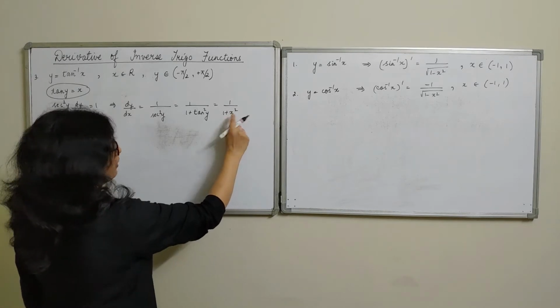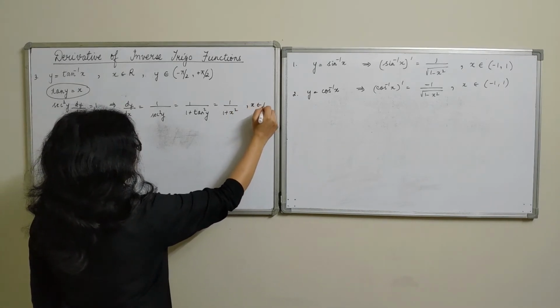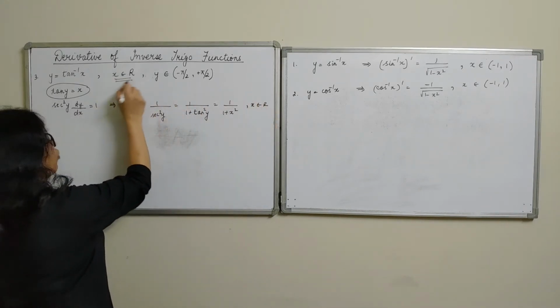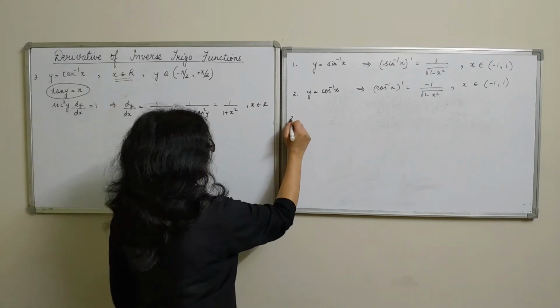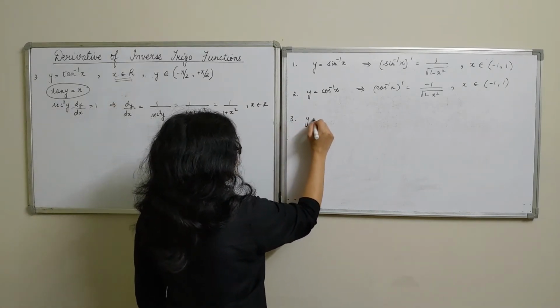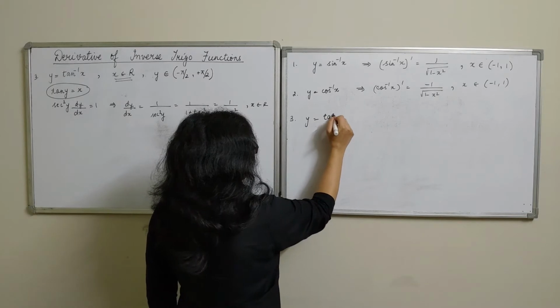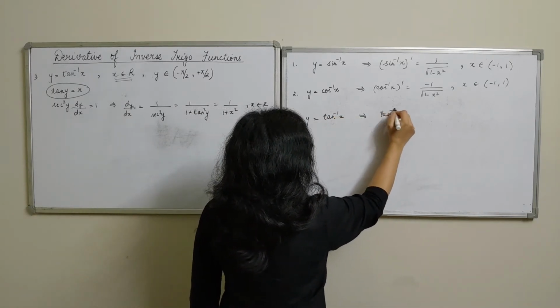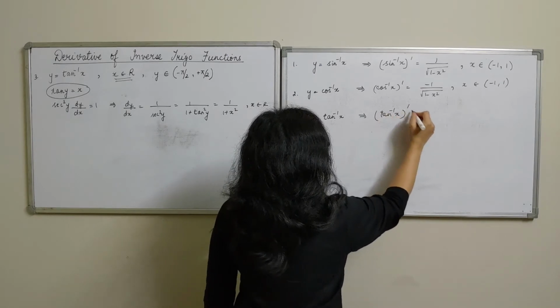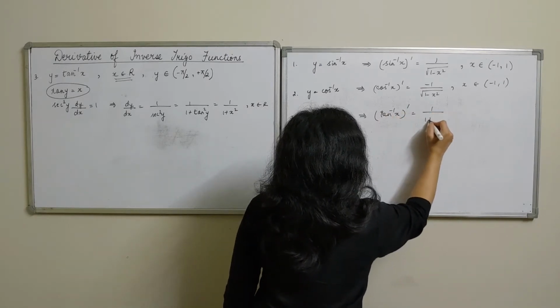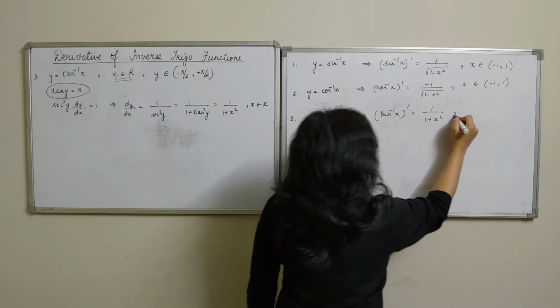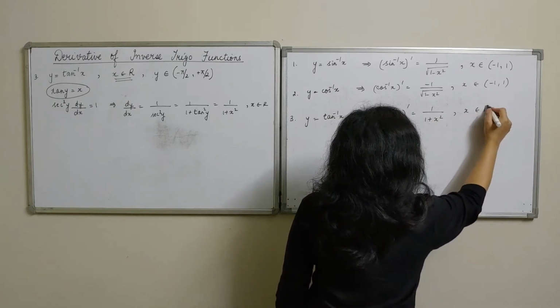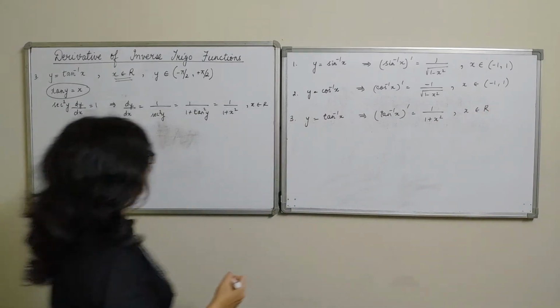This term will always remain positive, so that means x can be any real number like it was here. So the third result that we have got is, if y is tan inverse x, then the derivative of the tan inverse function is 1 upon 1 plus x square, where x belongs to the set of real numbers.